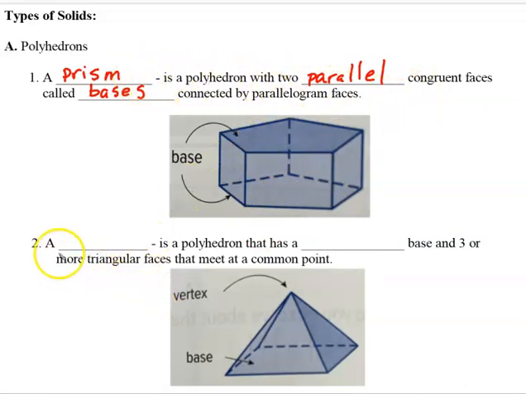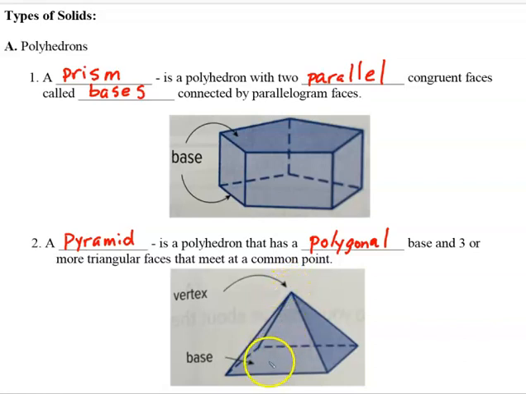And then we have this other polyhedron, you could probably recognize it, called a pyramid. It's a polyhedron that has a polygonal base, meaning the base has to be a polygon, and three or more triangular faces that meet at a common point.